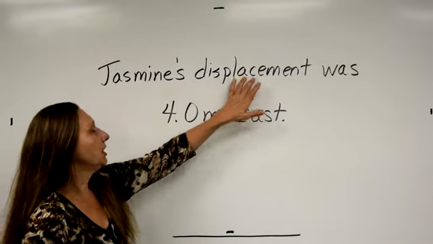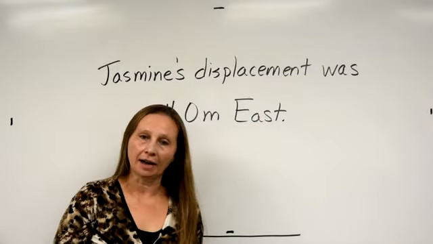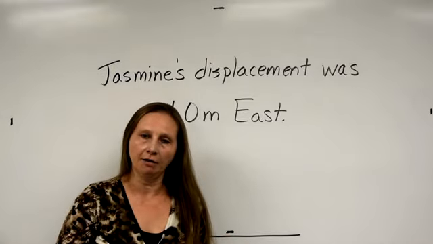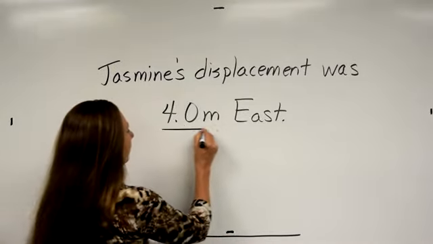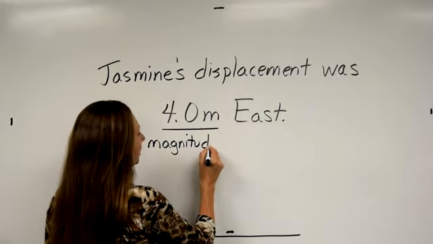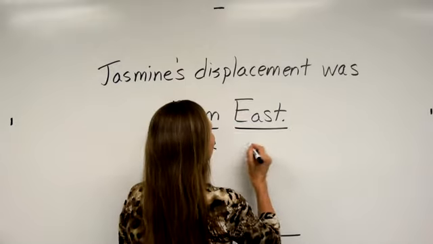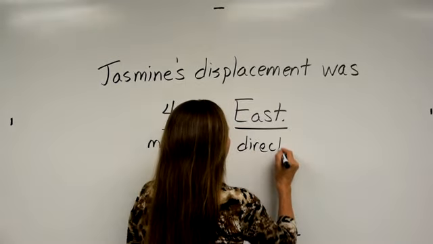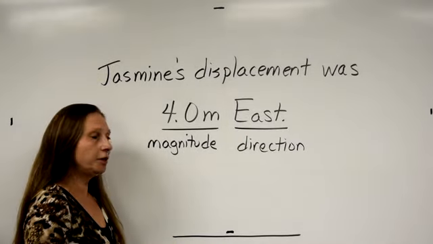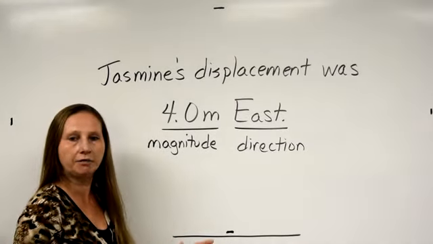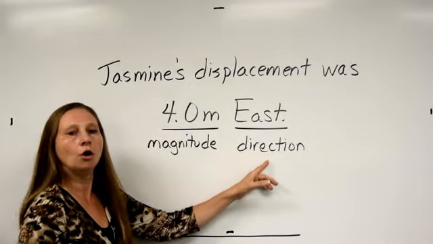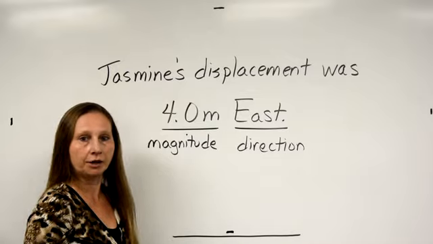Remember that displacement is a vector, and a vector must have a magnitude. Here's the magnitude of Jasmine's displacement, and here is the direction of Jasmine's displacement. So the difference between the definition of a scalar and a vector, they both have magnitude, but the vector also must have a direction.